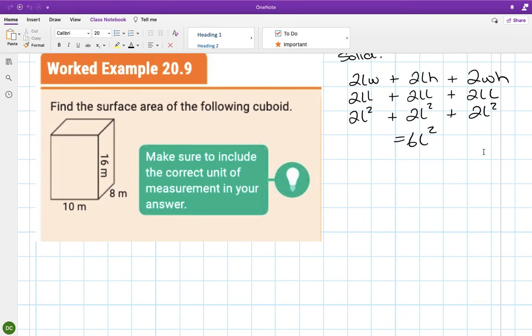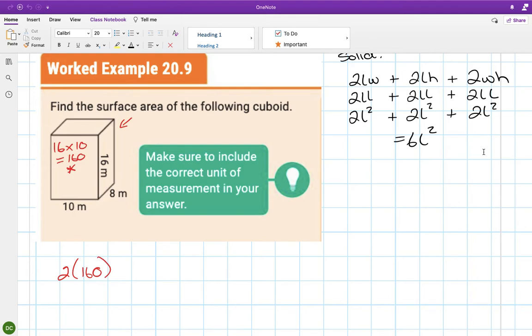So here we go. Surface area of the cuboid. I'm not necessarily going to use the formula. I'm just going to start with this one. The area of that one is 16 times 10, which is 160. But then we need to recognize that there's the one we're looking at, and then there's the one at the back there. So we're going to do 2 times 160.